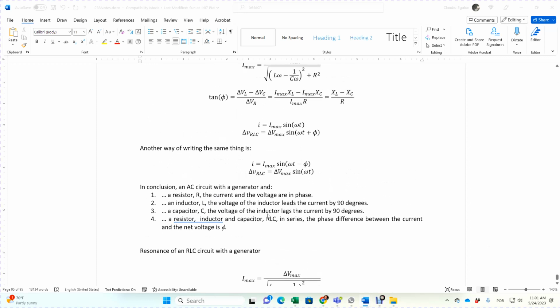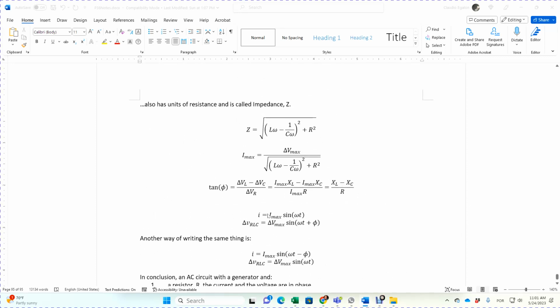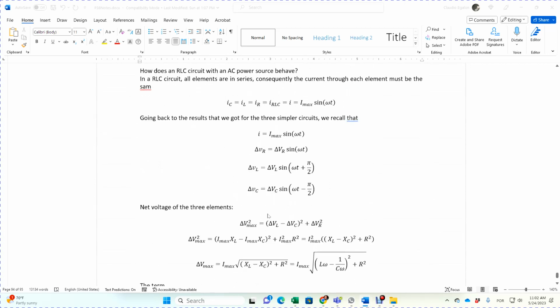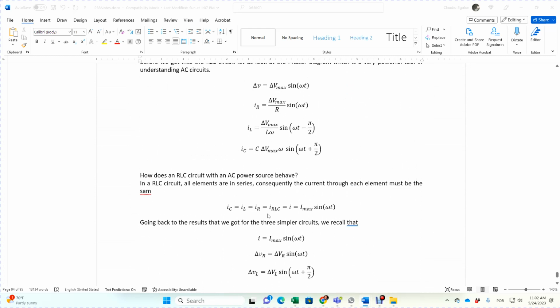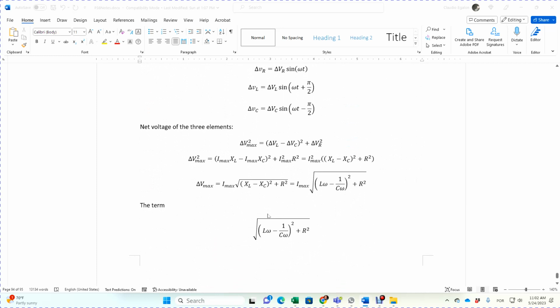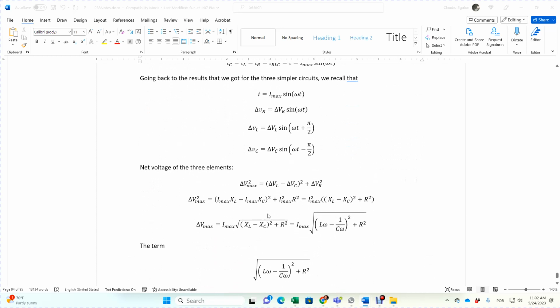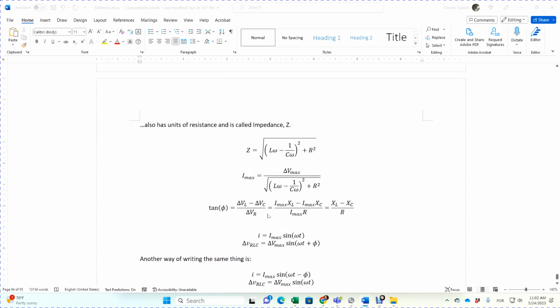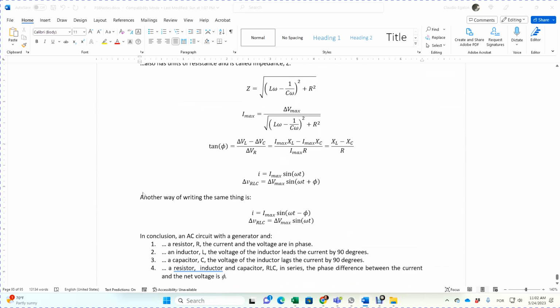Last time, as you remember, we looked at the RLC circuit powered by a generator, an AC source. We found that we have the following relation for the RLC circuit: the current, the voltage, right? That is, we have this type of relationship for the AC source, which can also be rewritten like that.